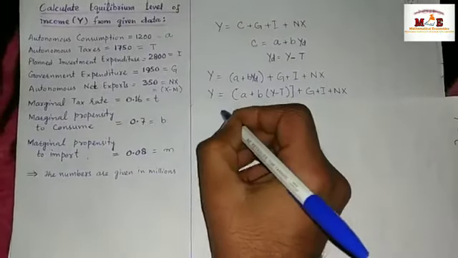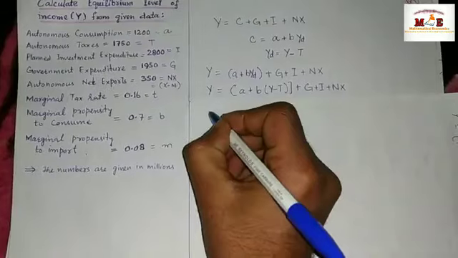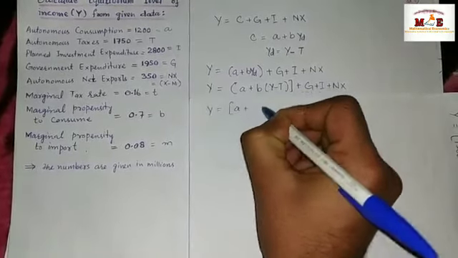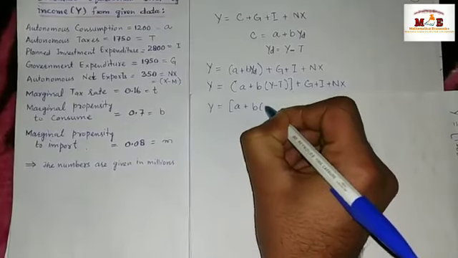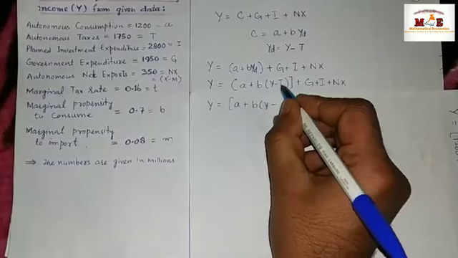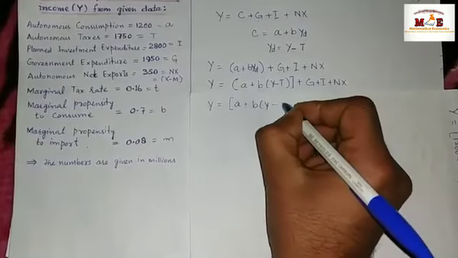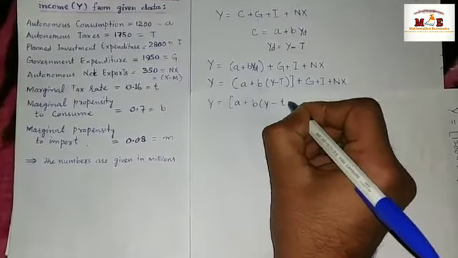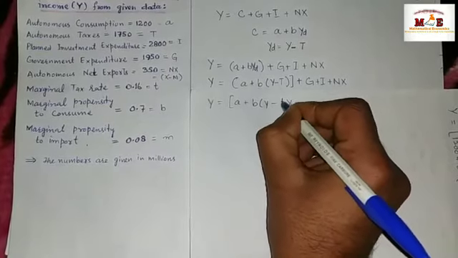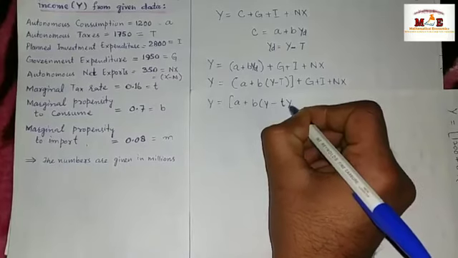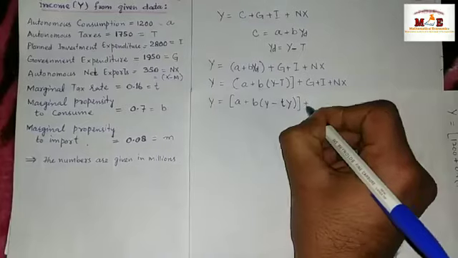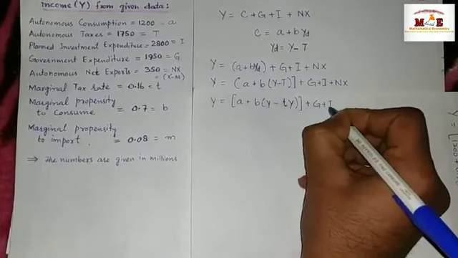Now the equation can again be rewritten as Y equals A plus B times Y minus, now giving the value of T as tax rate times income, so it becomes the net amount of tax which will be paid to the government, and the rest of the equation remains the same, G plus I plus NX.